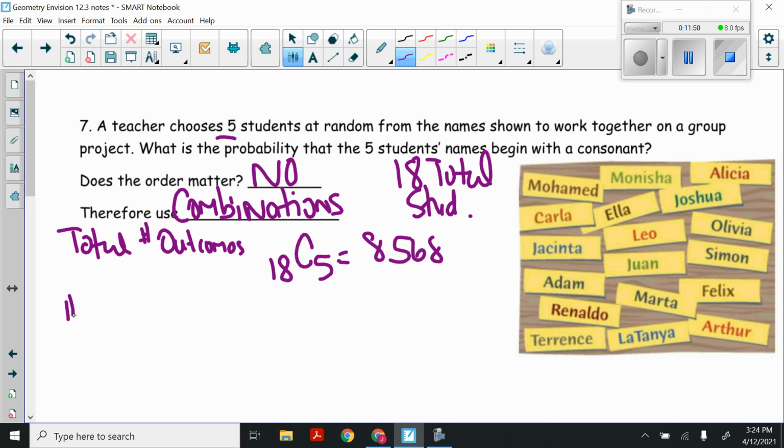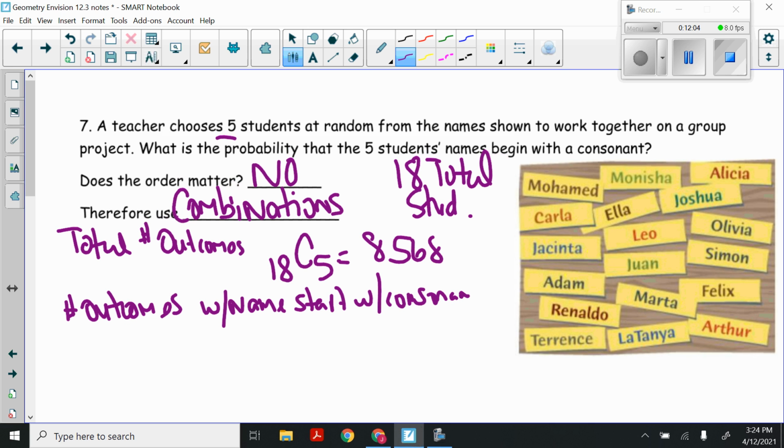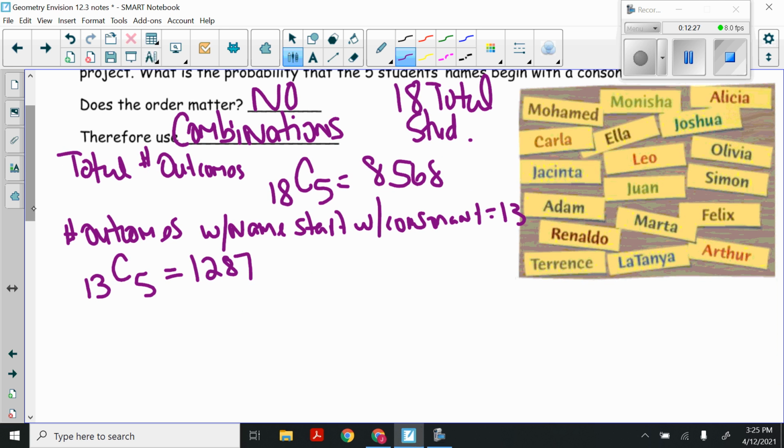Now we're going to look at the number of outcomes whose name starts with a consonant. If we count up everyone that starts with a consonant, we have 13 of them. So it's 13 combination 5, which is 1,287.